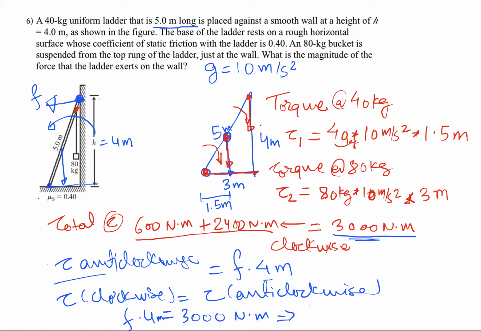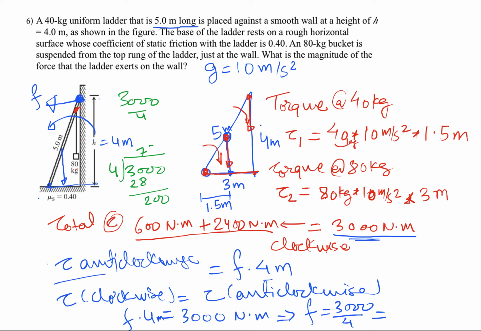So the force is 3000 divided by 4. Whenever I'm doing mental math in class, let me show you what I'm doing here. If I divide 3000 by 4, 30 divided by 4 gives 7, 7 times 4 is 28, that leaves 2, then 20 divided by 4 is 5, and the last 0 gives 750 Newton.